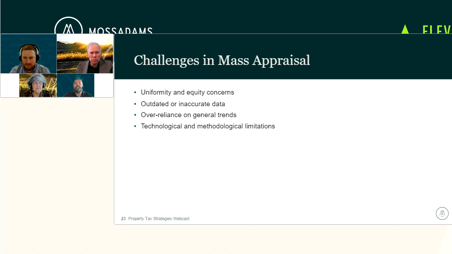This can result in discrepancies in assessed values that don't truly represent the property's worth. And lastly, we'll have technological and methodological limitations. While we have access to advanced technologies and methodologies, they do have their limitations. And so if these tools aren't applied correctly, we'll end up having flawed assessments.